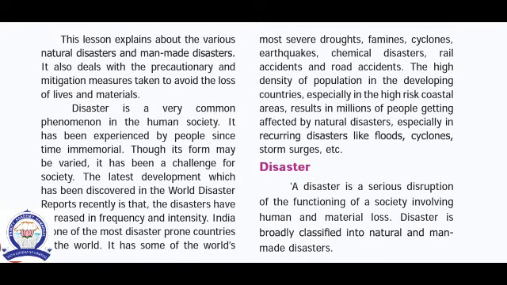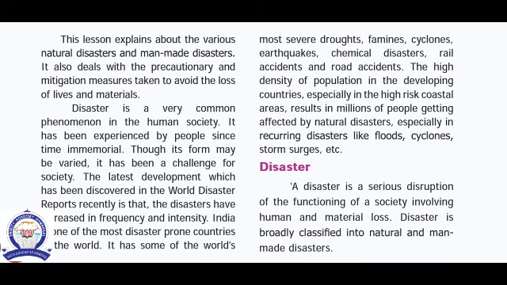The latest development, which has been discovered in the World Disaster Reports recently, is that disasters have increased in frequency and intensity. India is one of the most disaster-prone countries in the world.